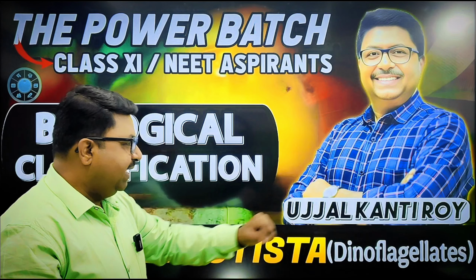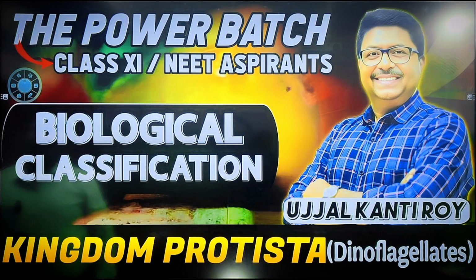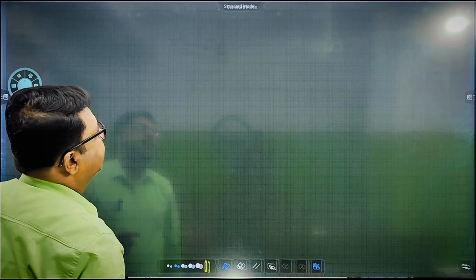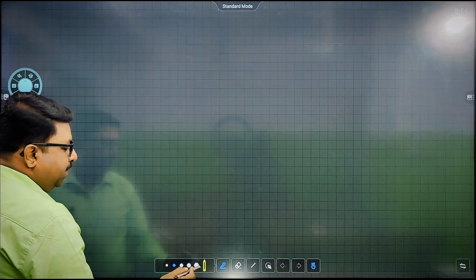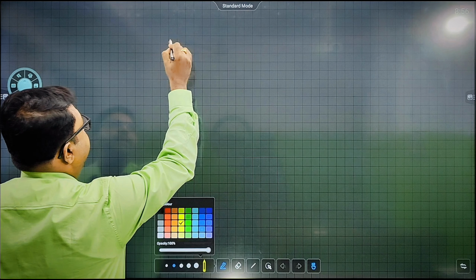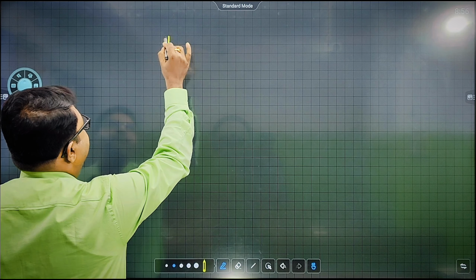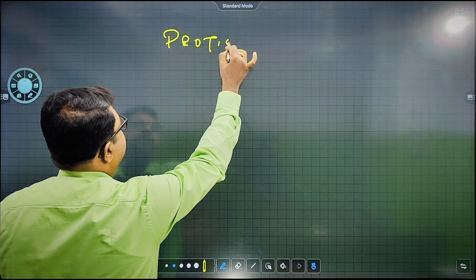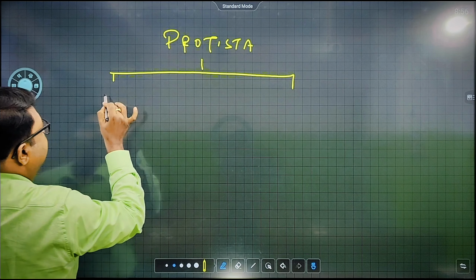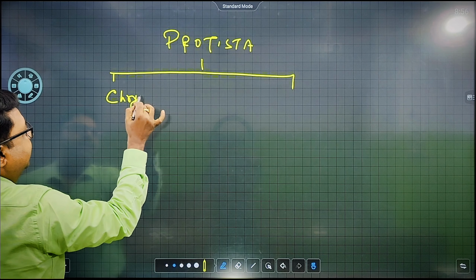Dinoflagellates, ये टर्म का मतलब क्या है? So if you have seen the earlier video on Protista, the basic idea about Protista we have talked about, कि ये Protista 5 तरह के होते हैं. There are 5 types of Protistans. The first one is chrysophytes.